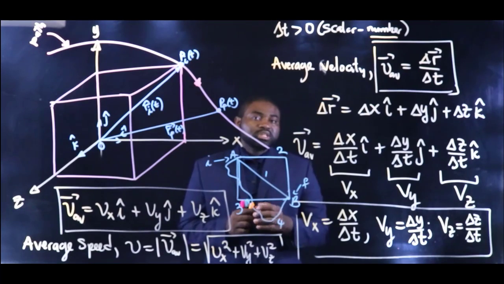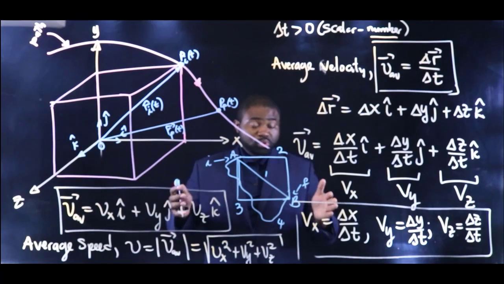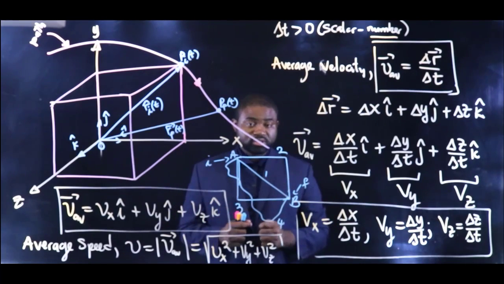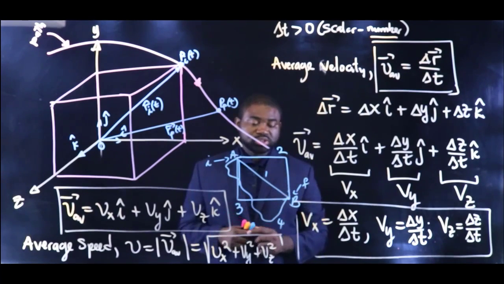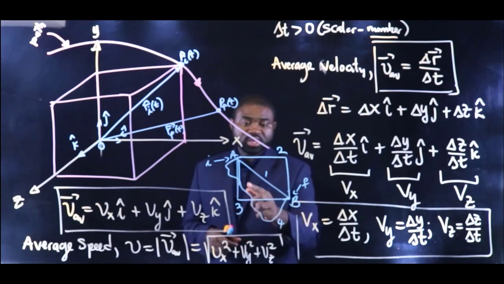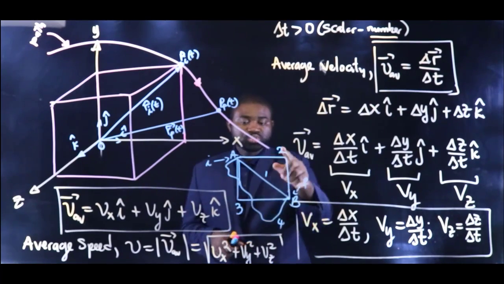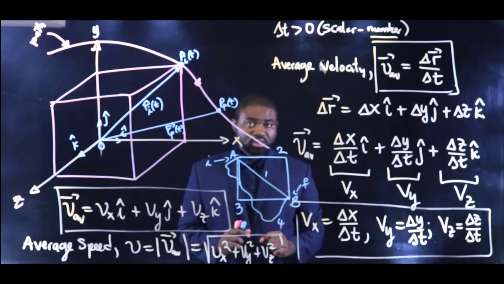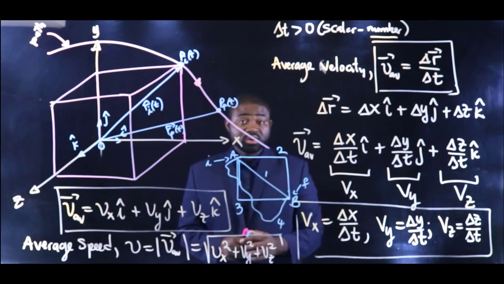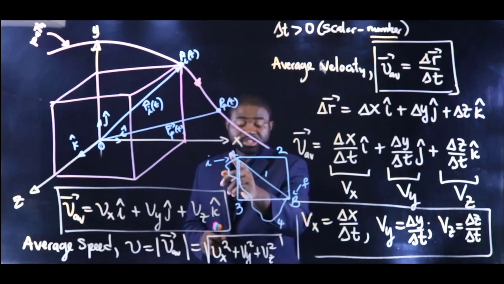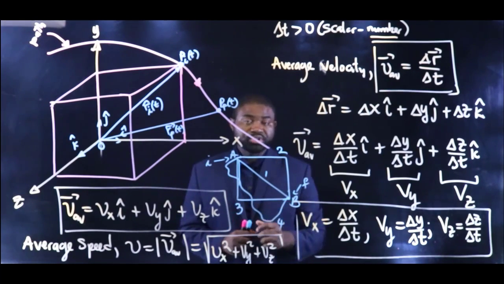Now, the distance between 2 points depends on the path you take. I've demonstrated that here. 1 is the shortest, which is a straight line between A and B, and 4 is the longest because it's windy. 2 and 3 are equal. But the displacement between 2 points, as well as the average velocity, does not depend on the path you take, but simply depends on the initial point and the final point.